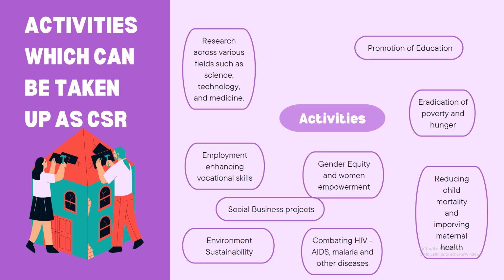See, particularly in the rural areas, the child mortality rate is quite high, even though it has dropped quite some, but still there is always room for improvement. And at the same time, you also should work on improving maternal health, combating HIV, AIDS, malaria, and other diseases. See, with the CSR fund, the community can work on combating HIV, AIDS, malaria, and other diseases by bringing in different types of drugs for the infected patients, generating awareness.